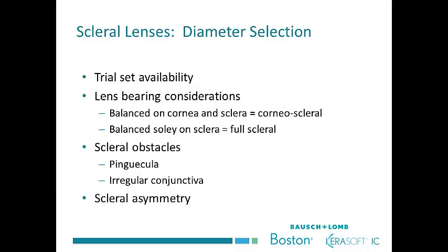And lastly, there's scleral asymmetry. The group out of the Pacific College of Optometry researched that the further you go from the limbus, you actually have more asymmetry to the sclera, and you might have to employ some toric or quad specific options to the back surface.